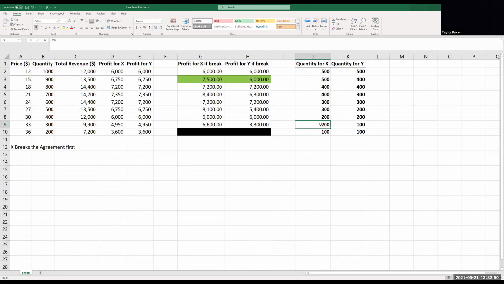Well, it's not necessarily taking it away, but they're producing all of the new quantity themselves. So Y just stays the same, and that's the extra 100. Okay, I think I understand. Then you take the 200 that X is producing here and multiply X by 30. Exactly.